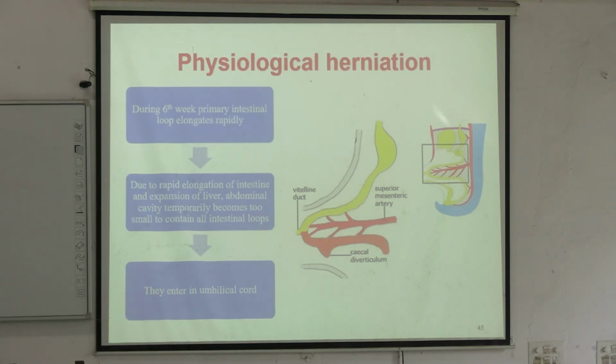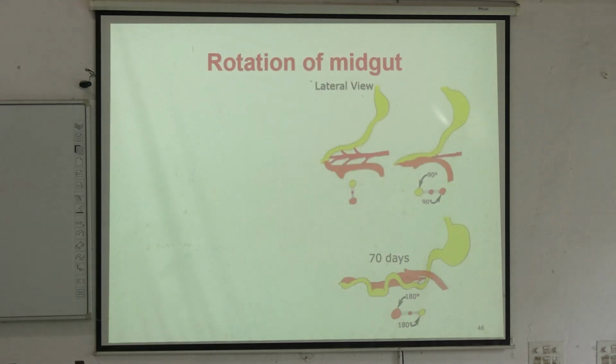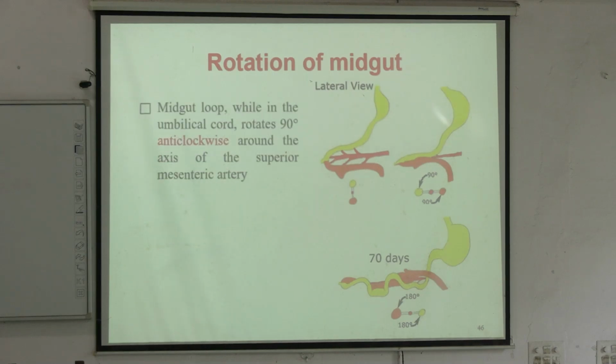Now, there are two things that take place during herniation. One is the rotation. When the midgut loop is moving out, we have a 90-degree anti-clockwise rotation. And when the midgut loop moves back into the abdominal cavity, it has another 180-degree anti-clockwise rotation. Together it has a 270-degree anti-clockwise rotation as it goes out and comes back between the 6th week and 10th week.